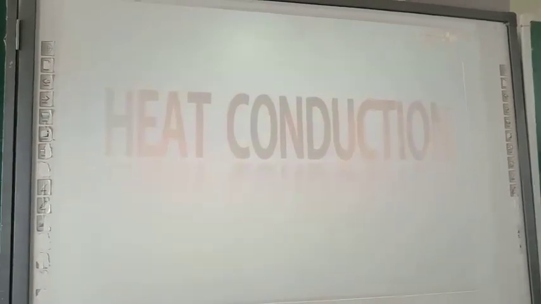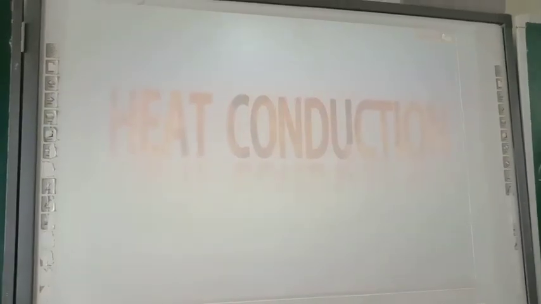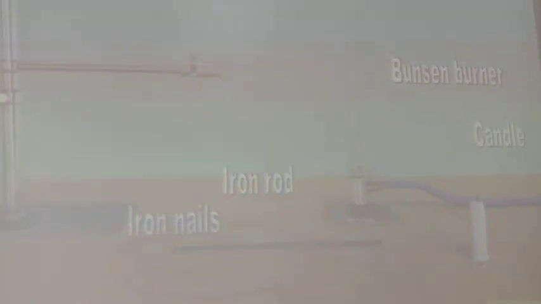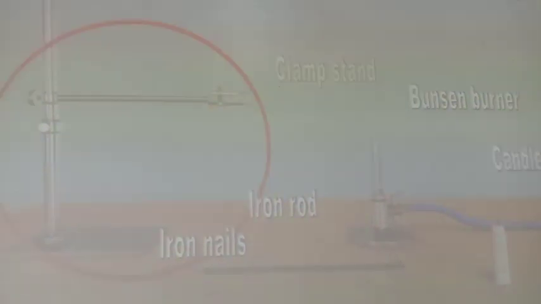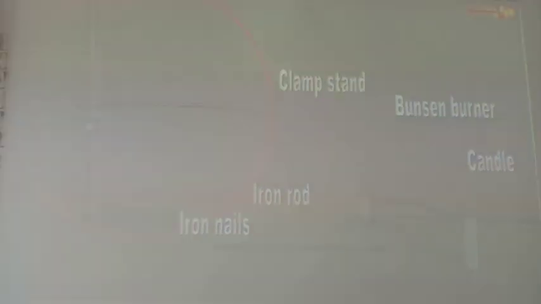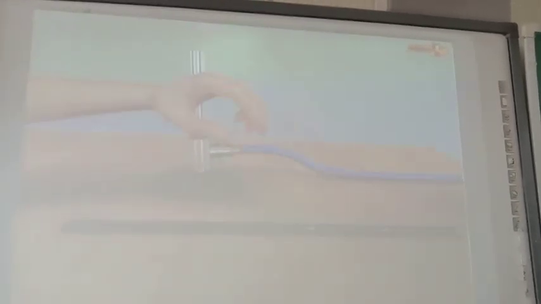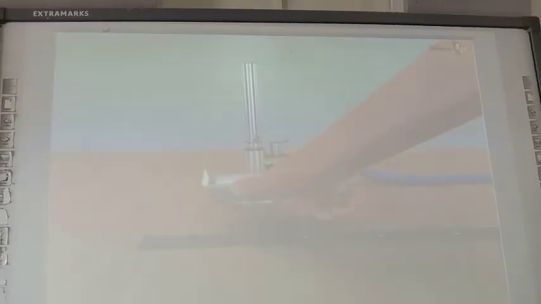Let us understand the concept of heat conduction through an activity. Take a metal rod, put a few drops of candle wax at different positions on it, and affix the circular heads of iron nails on the wax dropped at different positions.